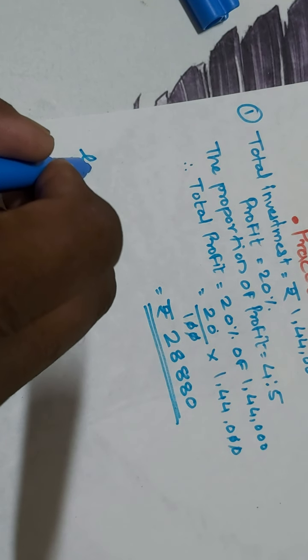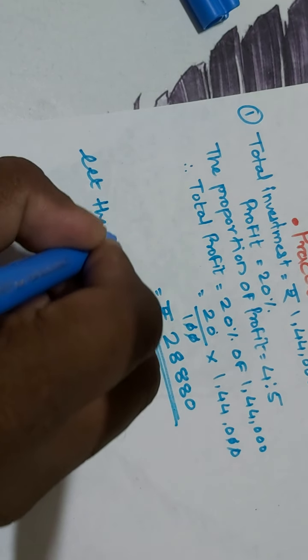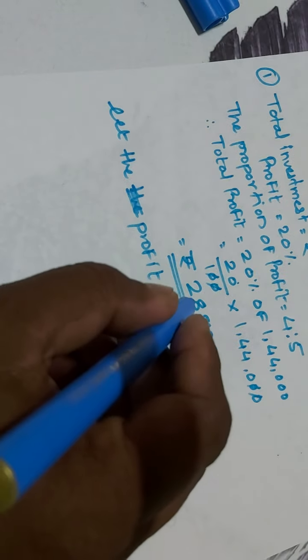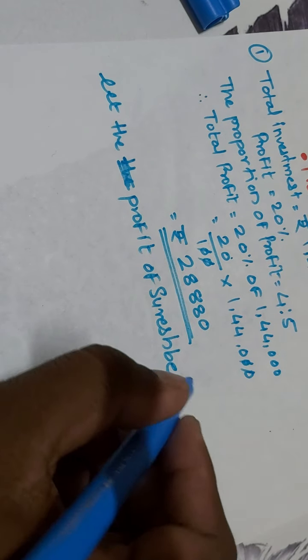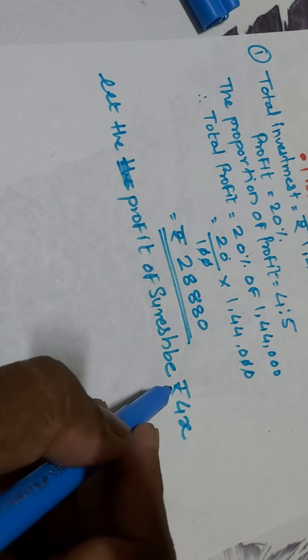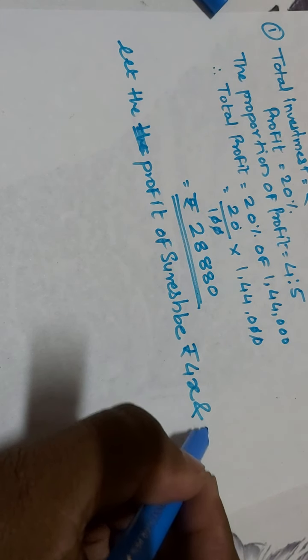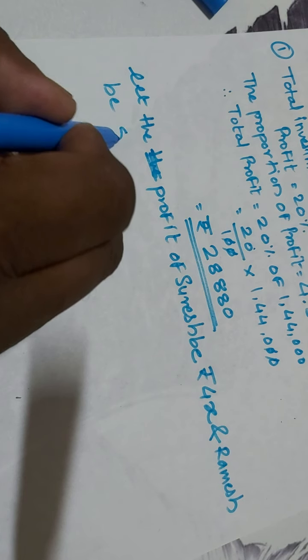So I told you, 4 is the first name, that is Suresh. So let the profit of Suresh be rupees 4x. 4 is first one, so Suresh is 4x, and Ramesh, here 5 is given, so rupees 5x.